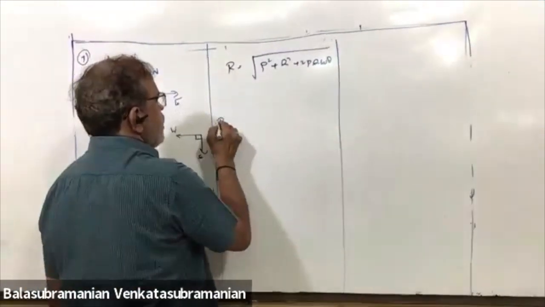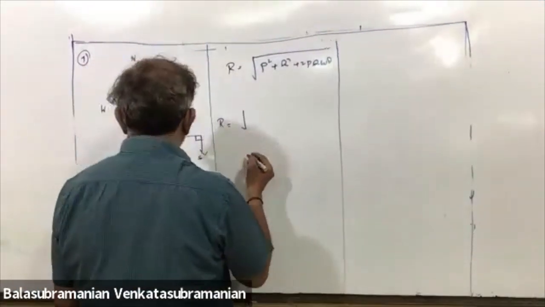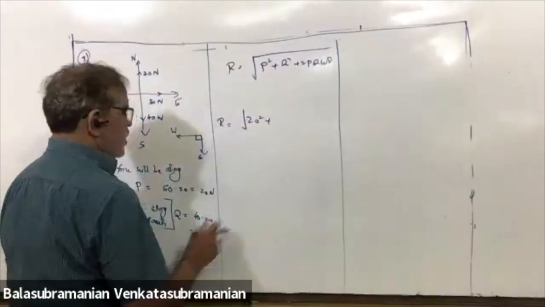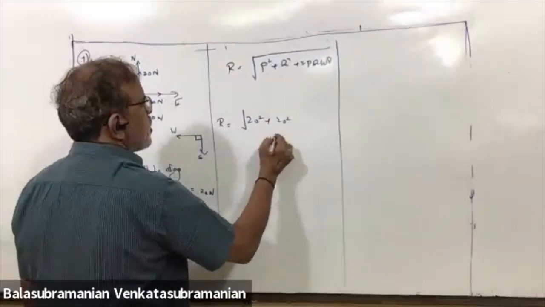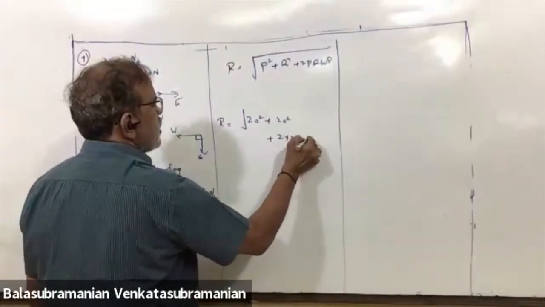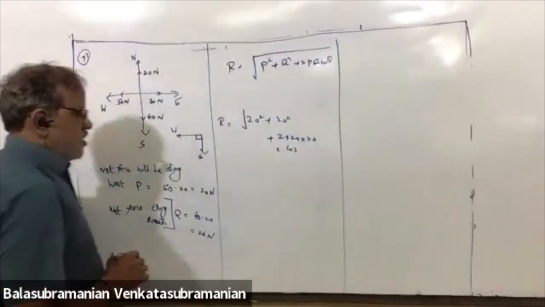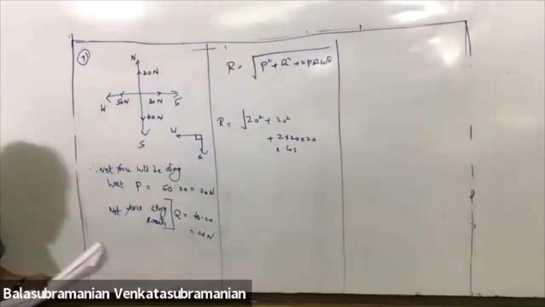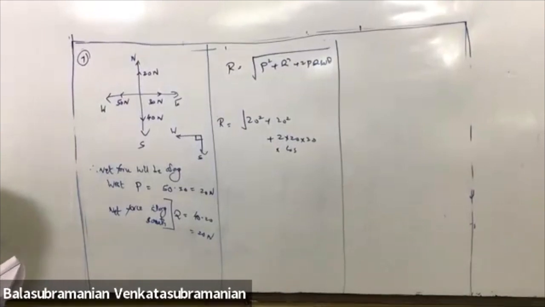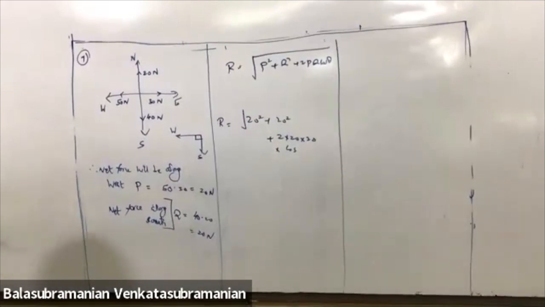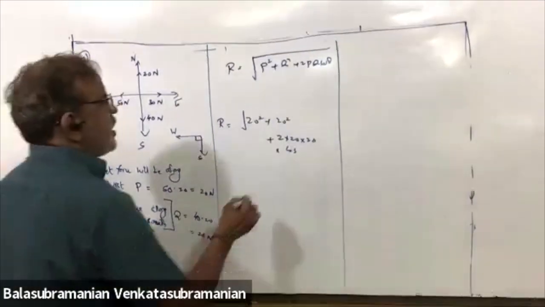So R will be root of 20 square plus 20 square plus 2 into 20 into 20 cos 90.